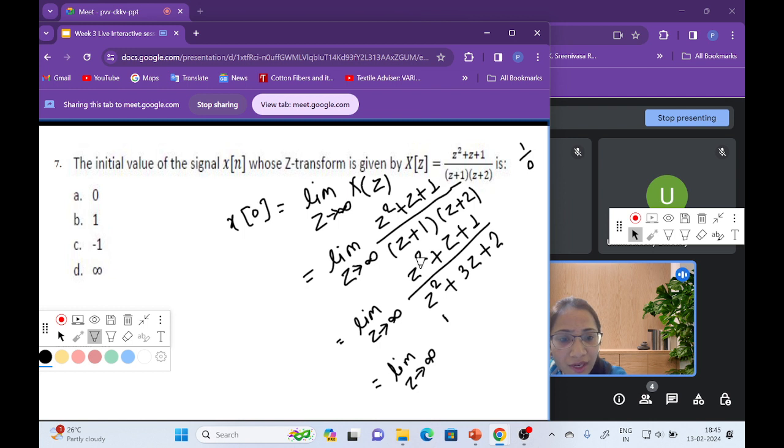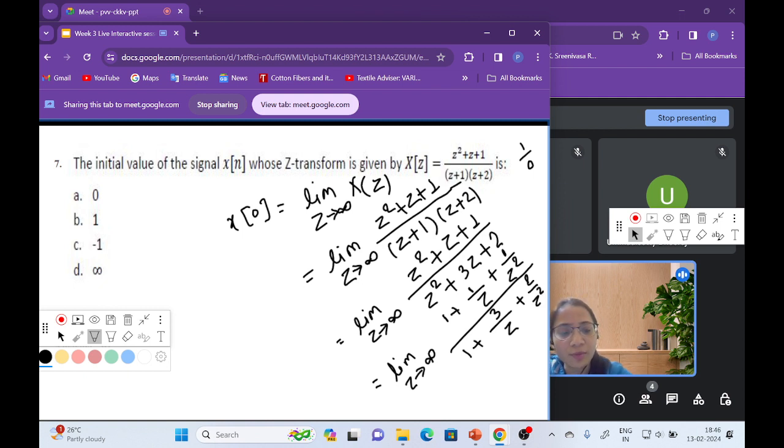So when we divide with z square, we get 1 plus 1 by z plus 1 by z square. Similarly, in the denominator, this will be 1 plus 3 by z plus 2 by z square.